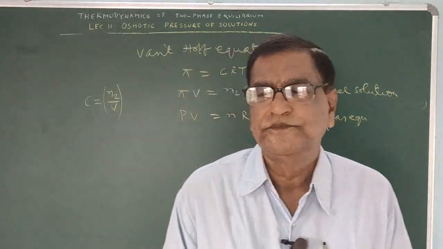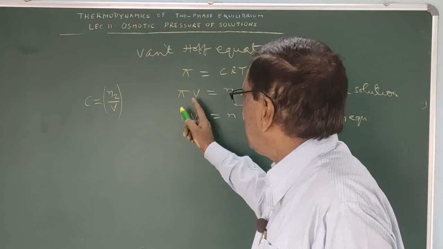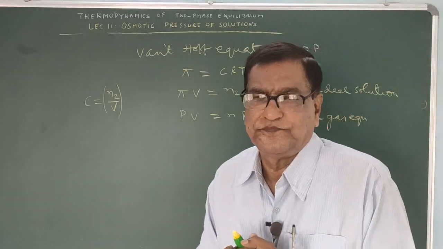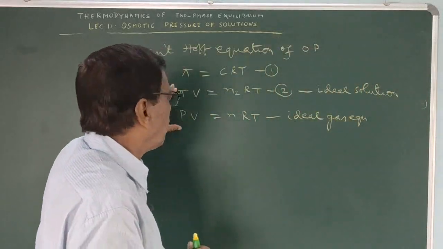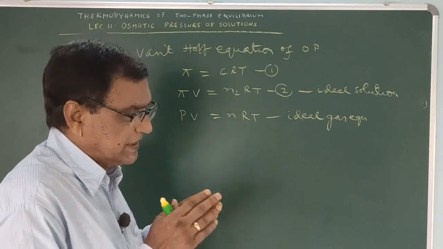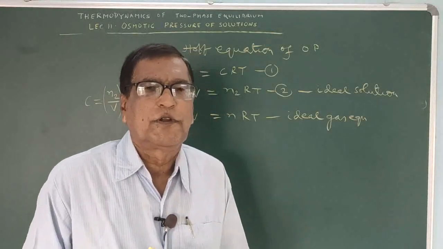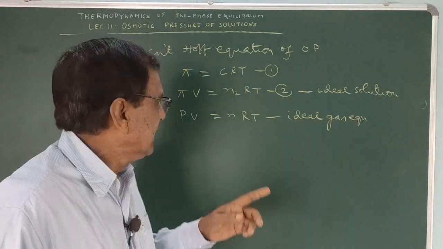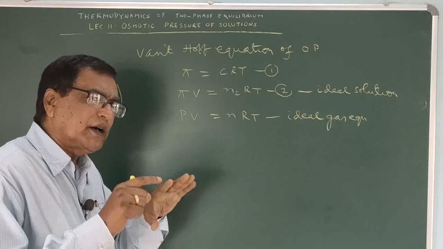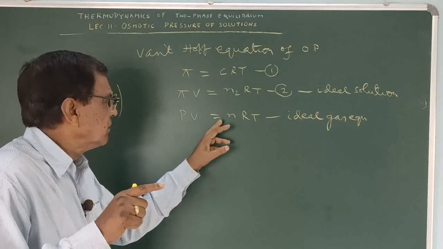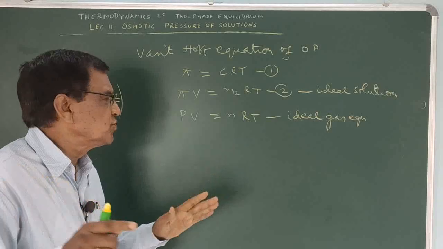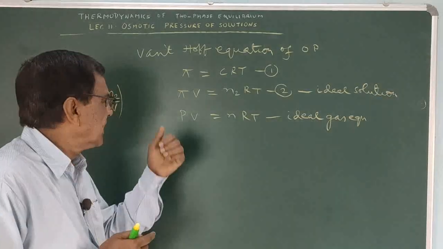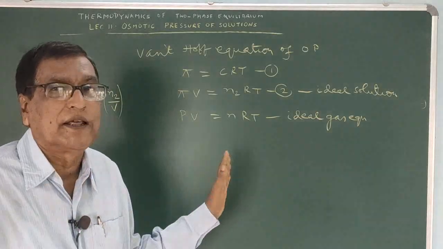But actually, though these two equations are similar in external form, there is a basic difference from the point of view of origin. Here n is the number of moles of gas molecules striking the walls of the container, and this pressure P is developed.